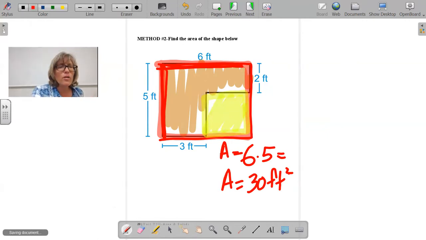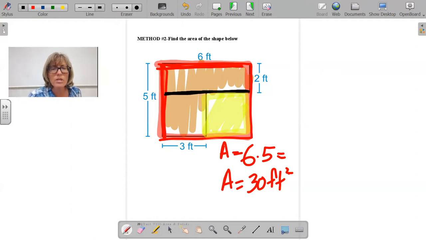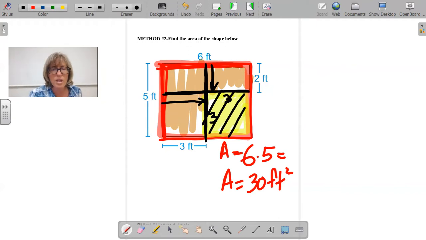And if you watch carefully that empty space area, if this whole thing is 6, and from here to here is 3, that's 3 this way. If this whole thing is 5 going this way, and this little piece is 2, then this is 3. So my empty space here is 9 feet squared.